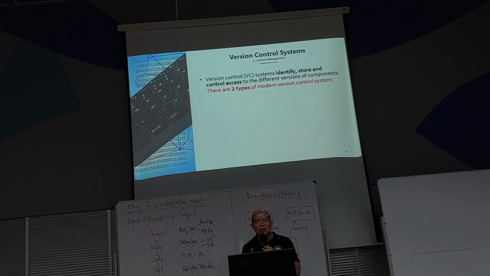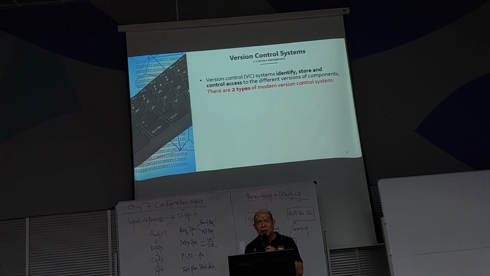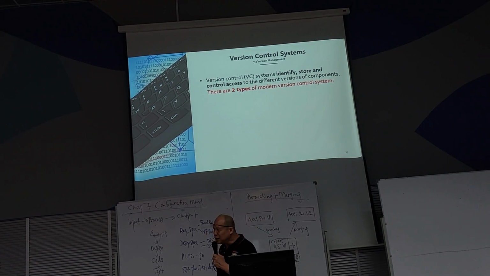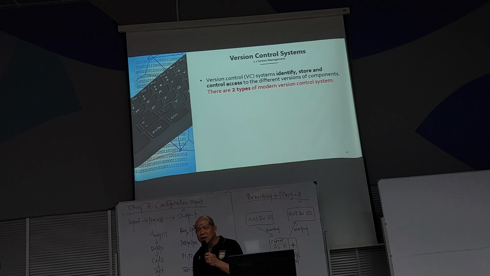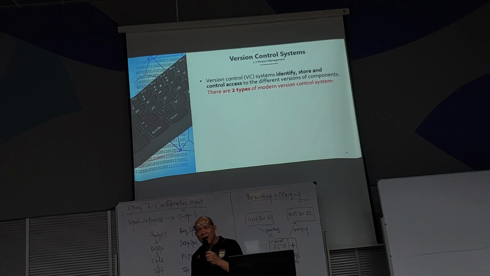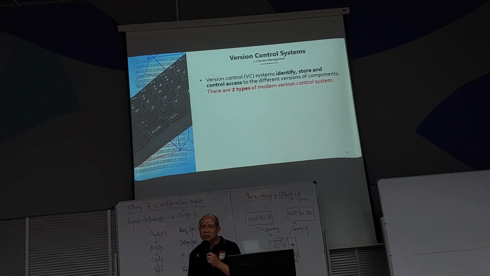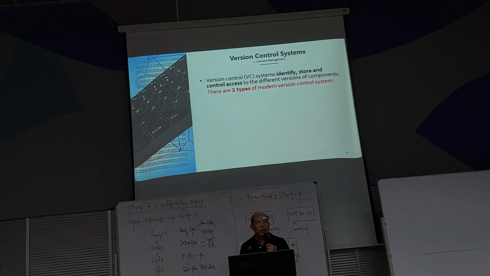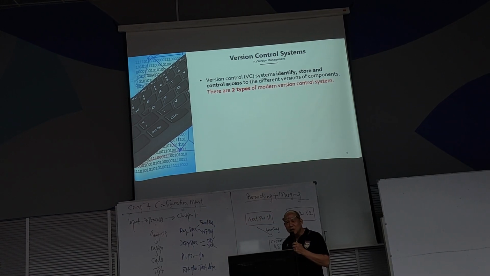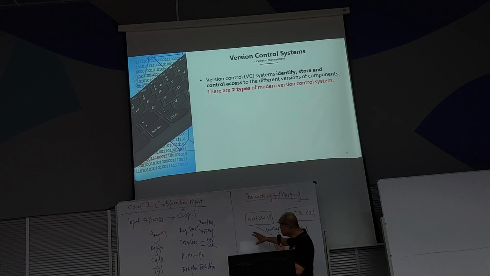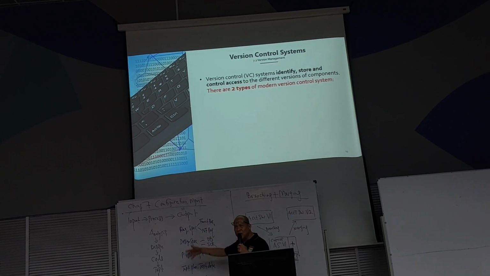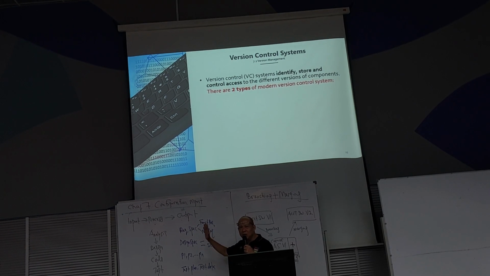A manual version control system will be time consuming because you may need a dedicated person to control changes and access to configuration items. If you are doing this manually, you may need a dedicated person to control access to configuration items. One person must control who can access and who cannot access.